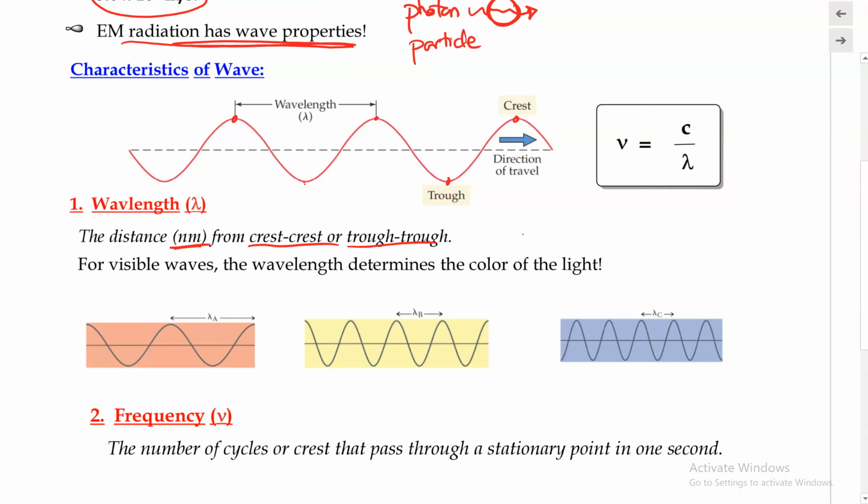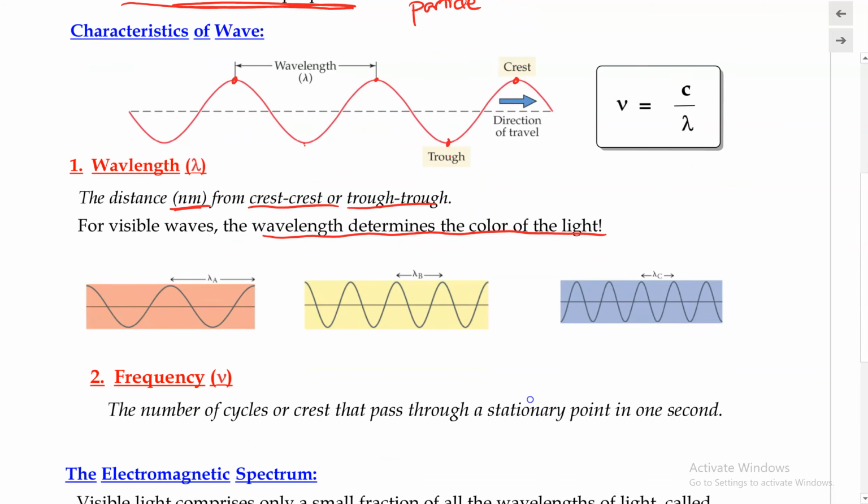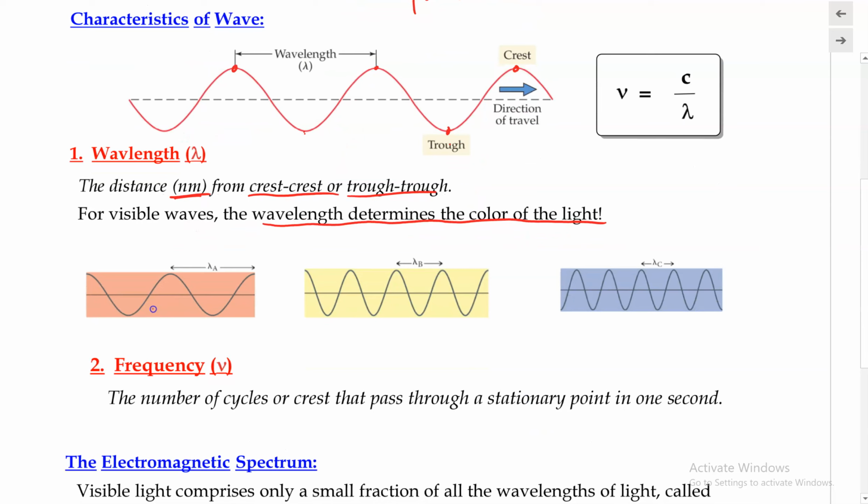For visible waves, the waves that fall into the visible range that we can see with our eyes, it is the wavelength of the wave that determines the color of the light. For example, here is a red light, and the wavelength of this red light is equal to 750 nanometers. Here is a yellow light, and for a yellow light, its wavelength is shorter, in this case 580 nanometers.